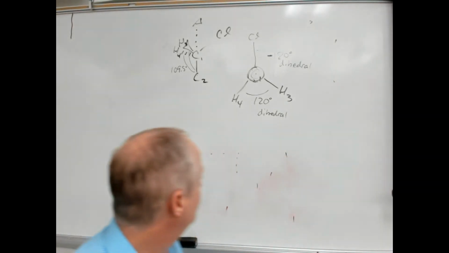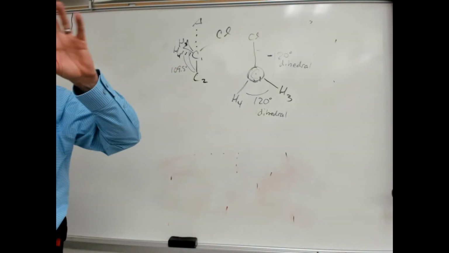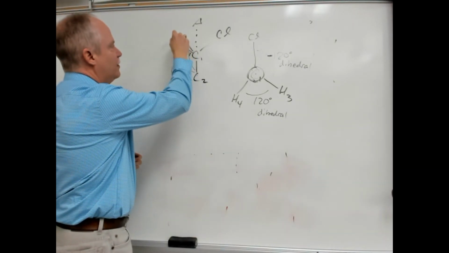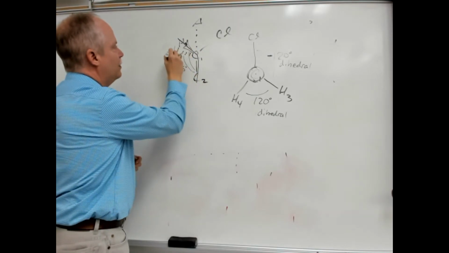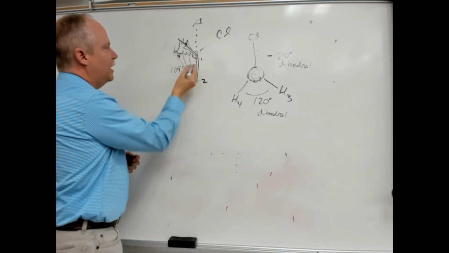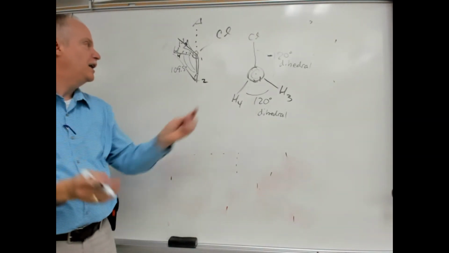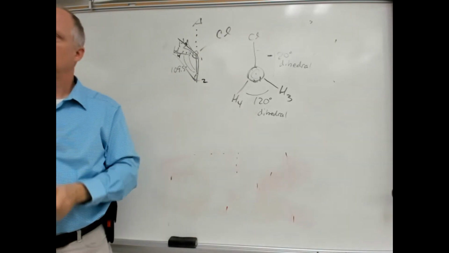If you wanted to convince yourself that this is still 2 planes, think about the 3 centers that define a plane. You have the 3, 1, 2 plane, and you have the 4, 1, 2 plane. And this dihedral is the angle between those 2 planes. And they share this axis of 1, 2. Yes?